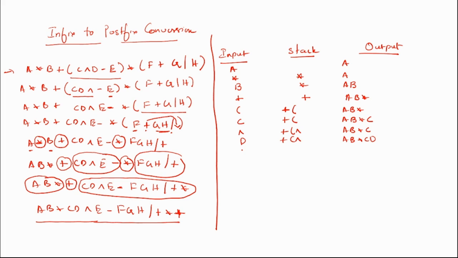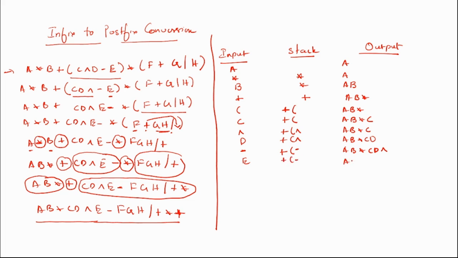Then comes minus. Now minus has lesser precedence than exponential. Therefore, pop exponential from the stack and push minus. Therefore, I will just say here A B star C D, and once exponential is popped, I'll say here the plus, and after the parenthesis minus comes here. Right? Now there is E. E is not an operator.